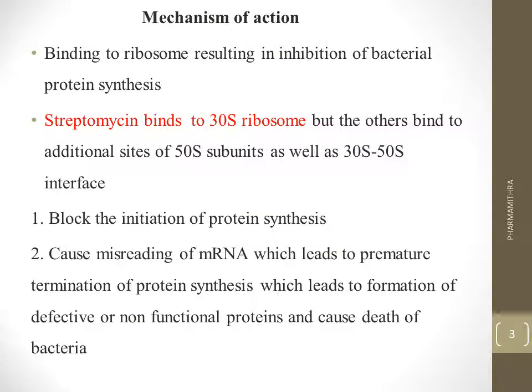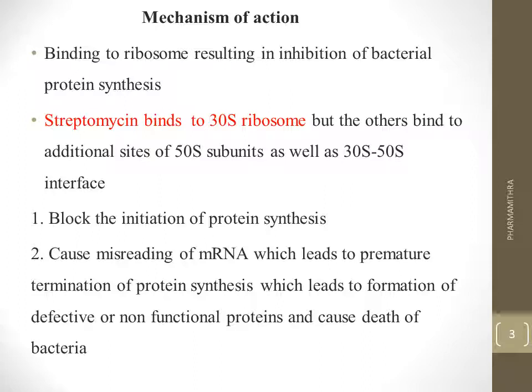The mechanism of action of streptomycin is very important. We want to know by which mechanism streptomycin works. Streptomycin binds to the ribosome, which results in inhibition of bacterial protein synthesis. Streptomycin binds to the 30S ribosome, but the others bind to an additional site on the 50S subunit as well as the 30S-50S interface.